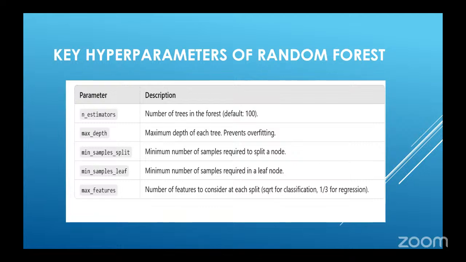Okay, why are we using these parameters? Minimum sample split: we are telling that the random forest is going to use multiple decision trees, and at last it is going to combine the answer.